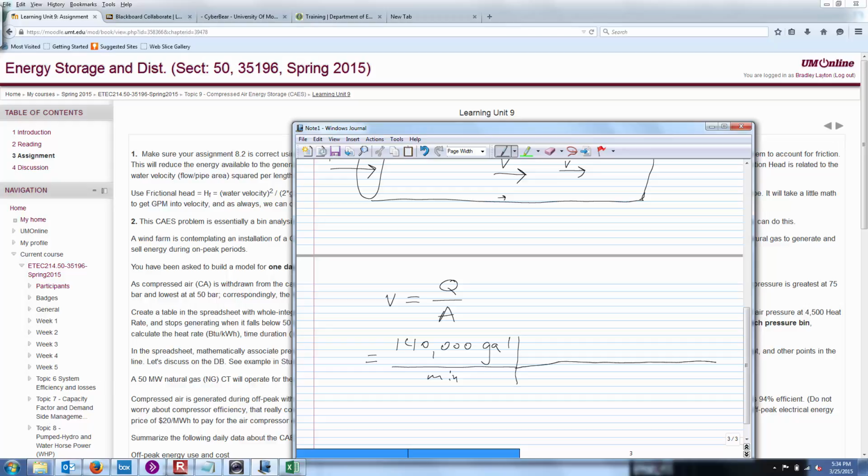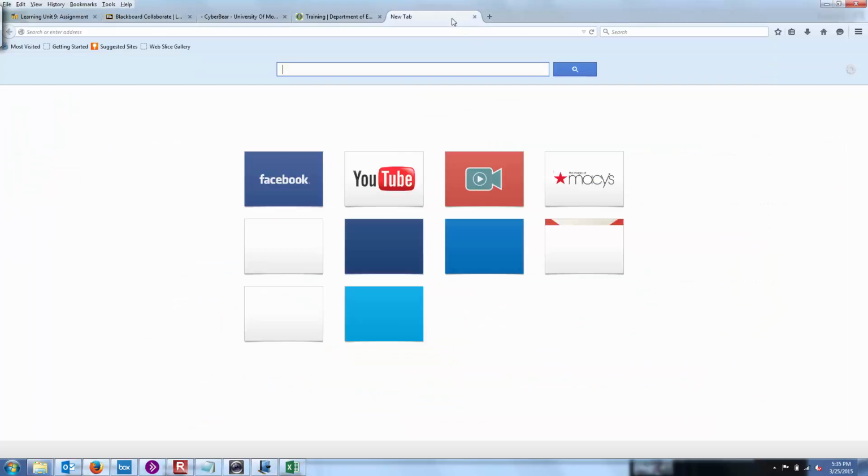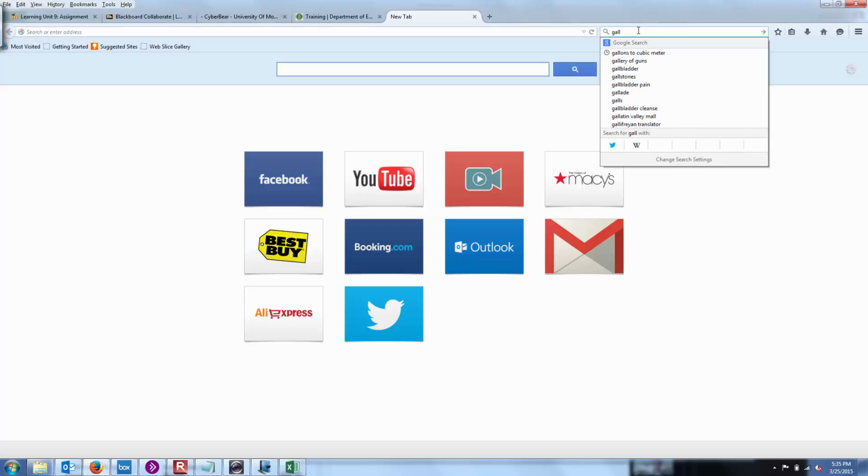And then let's convert between gallons and cubic feet. It's going to be better if we use a number bigger than 1, so let's look for gallons per cubic foot: 7.48.